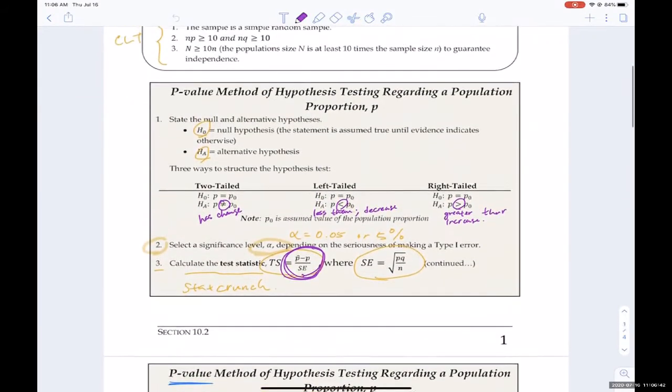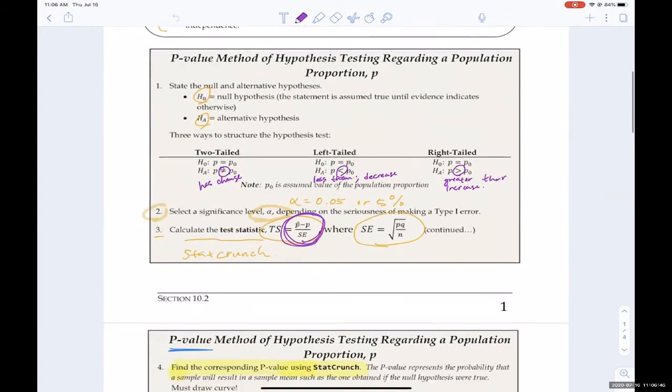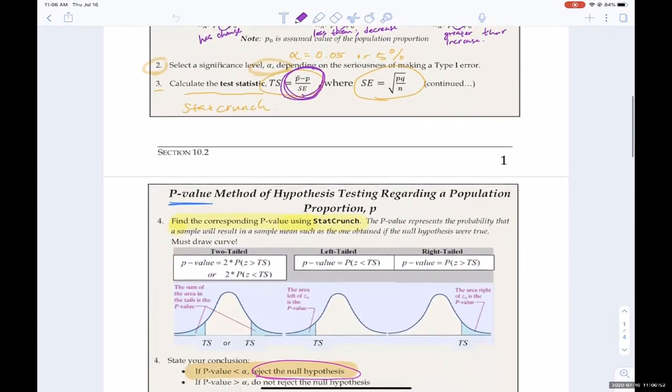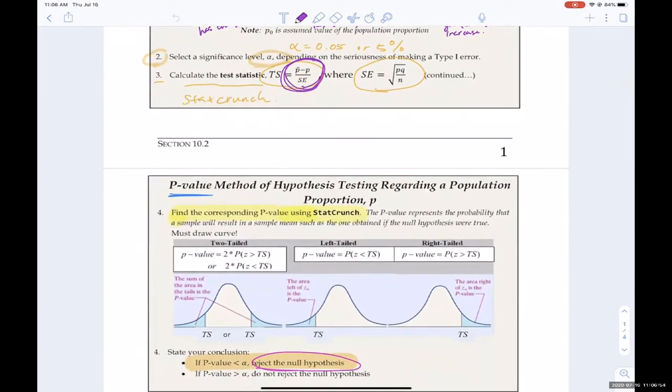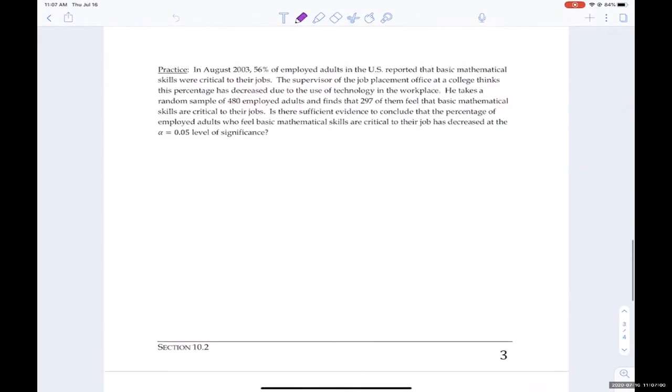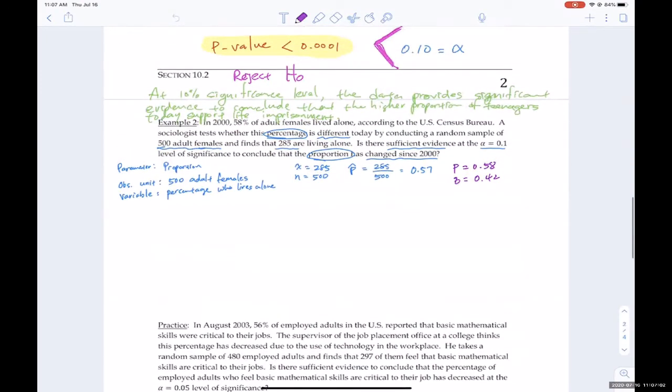Number 1, state your null and alternate hypothesis. Number 2, identify your significance level. Step number 3, calculate your test statistic. And step number 4, using StatCrunch, we want to evaluate the p-value. So far so good. That's what we're going to do over here. So step number 1.